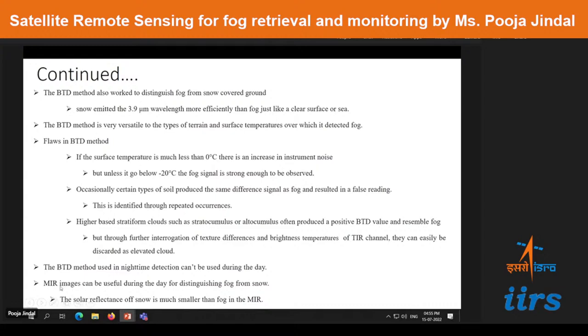But still, the mid-IR image can be useful during the daytime to distinguish fog from snow, because reflectance of snow is much smaller than fog in the mid-IR channel. So fog will be brighter as compared to snow in the mid-IR channel. So that's how it can be used, but the direct methodology cannot be used.